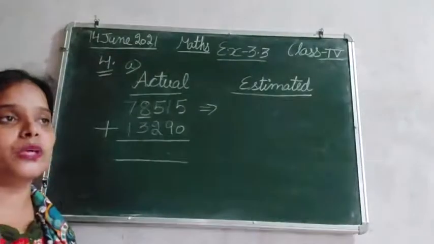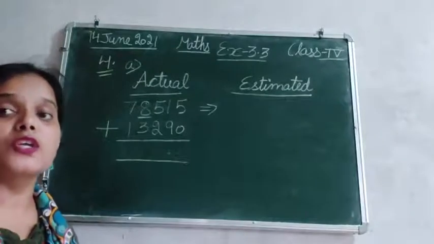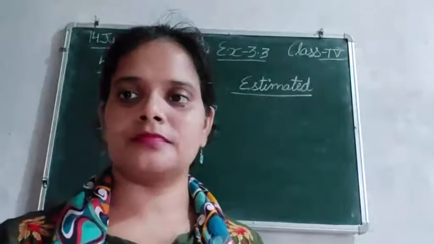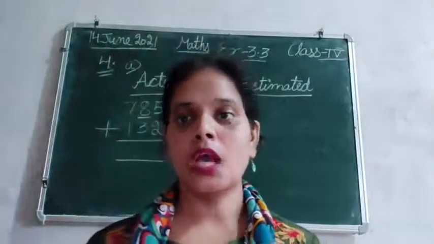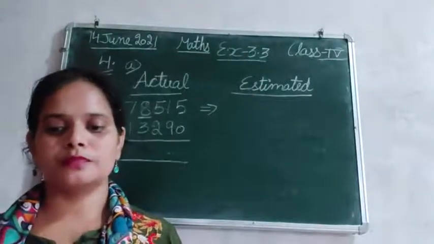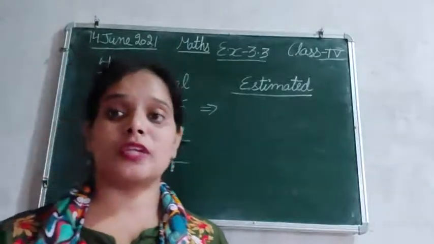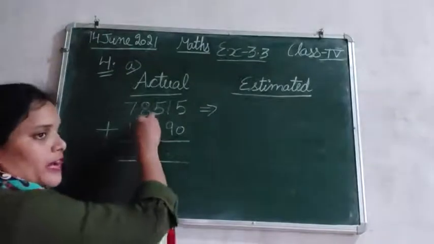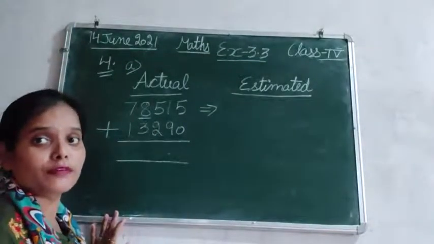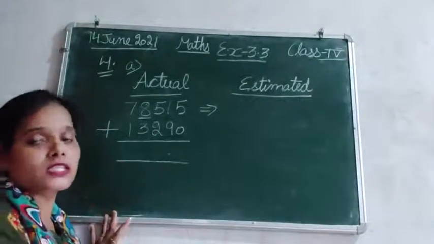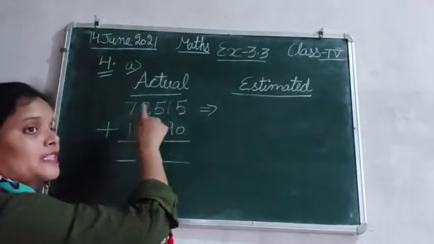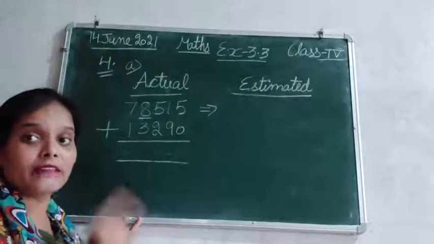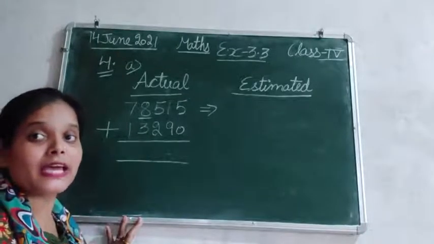So that means we are going to round this number to the next 10,000. So 8 is greater than 5, so we are going to round it off to the next 10,000. तो 10,000 प्लेस पे हमारे पास क्या है, 70.